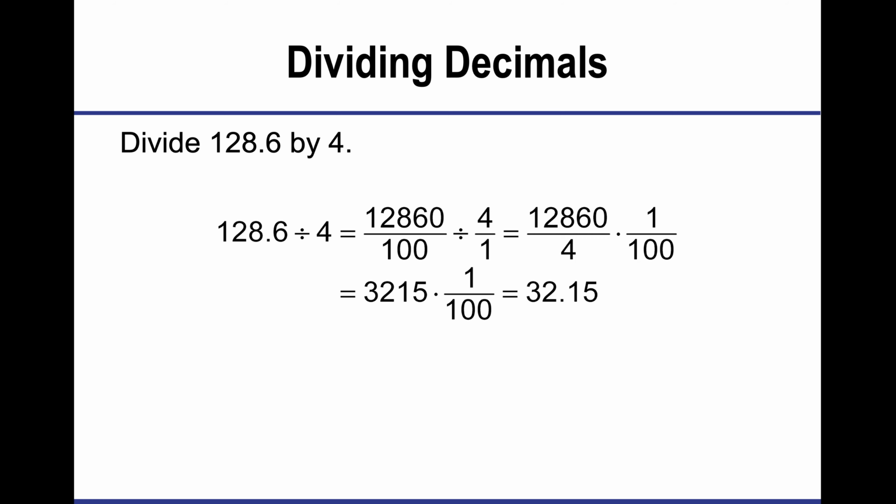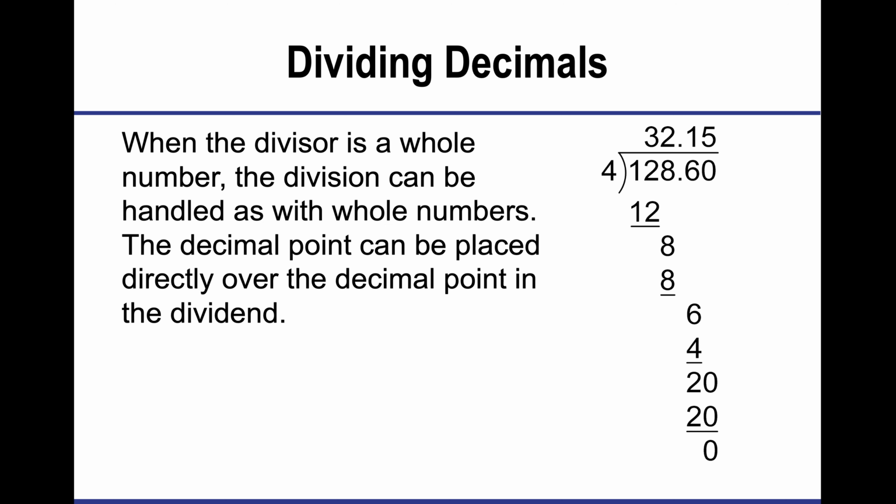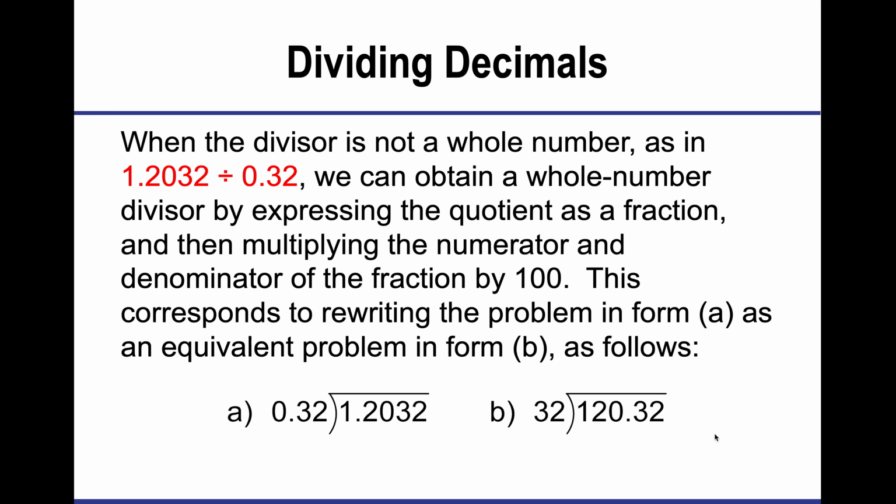So I'm going to be able to keep adding those zeros behind it because 4 goes into 6 one time with a remainder of 2. So I have to annex that 0. So this is the process that most of us have learned to complete the division of decimals. The decimal stays lined up and we keep going until we don't have a remainder.